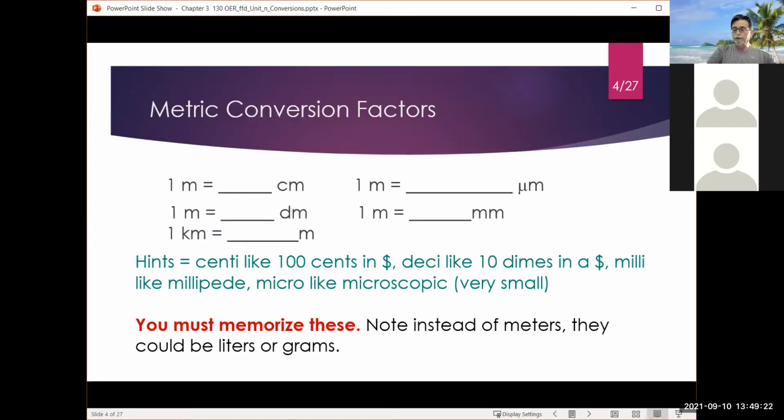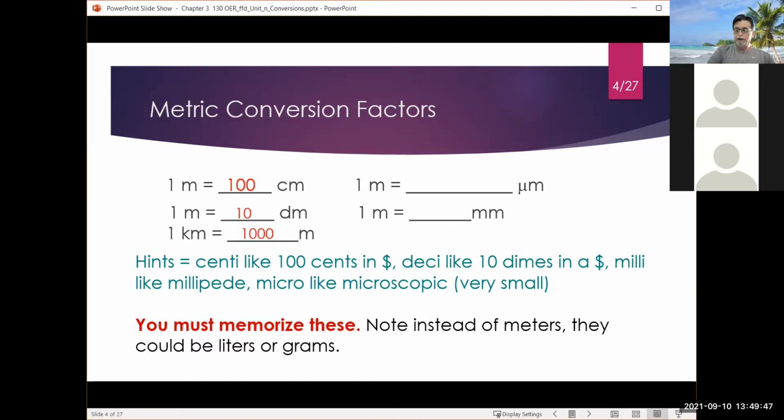All right, so in 1 meter there are 100 centimeters, like I spoke about earlier. We look at this question: 1 meter is equal to X number of decimeters. Well, D represents a decade, so therefore I have 10 decimeters in 1 meter. And then 1 kilometer is equal to 1,000 meters.